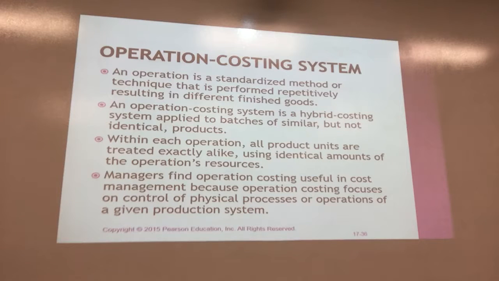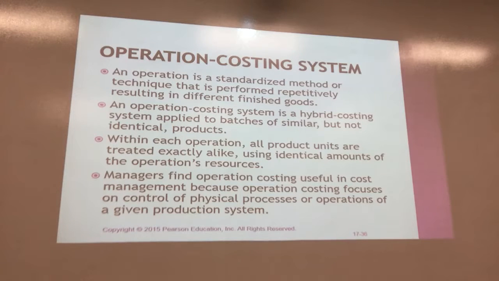But just so you know, an operation is a standardized method or technique that is performed repeatedly, resulting in different finished goods. An operation costing system is a hybrid costing system applied to batches of similar but not identical products. Within each operation, all product units are treated exactly alike, using identical amounts of the operation's resources.